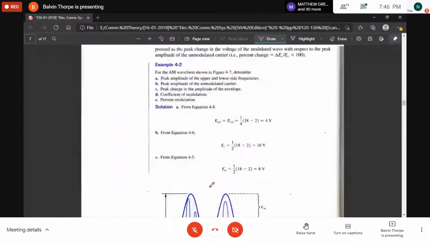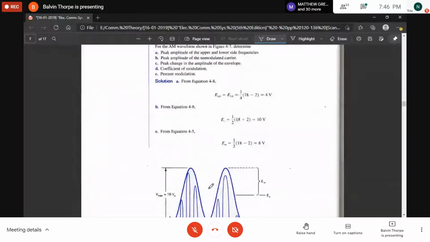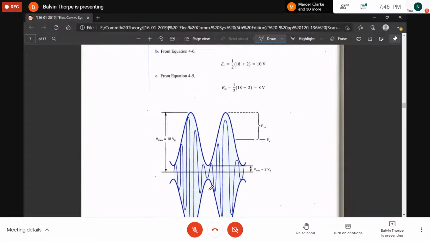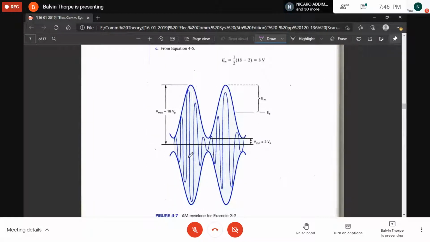This is an example of an amplitude modulated wave. When a wave has been amplitude modulated, the maximum positive value here. Let me use a different color.